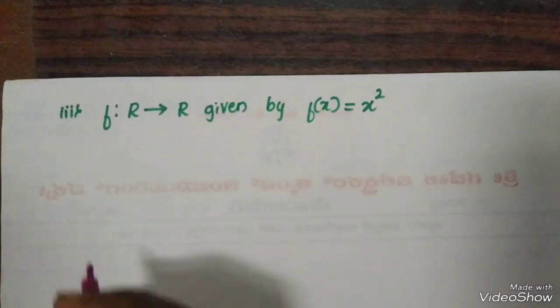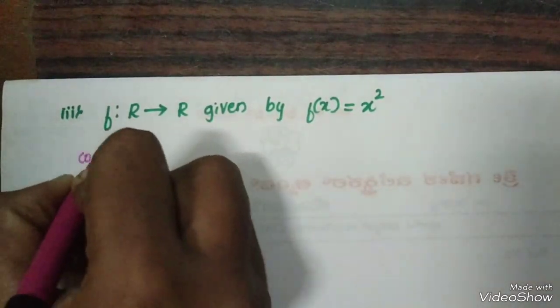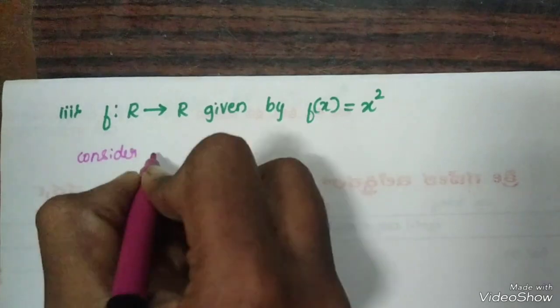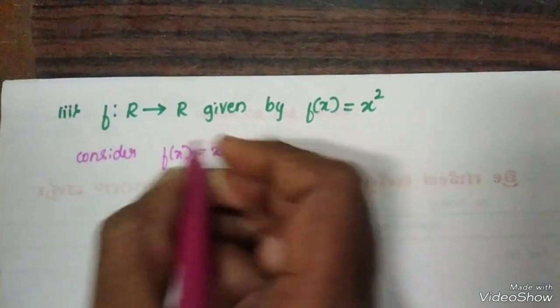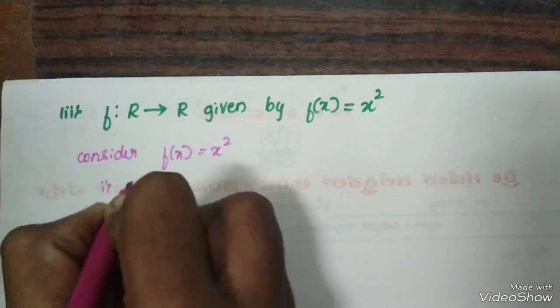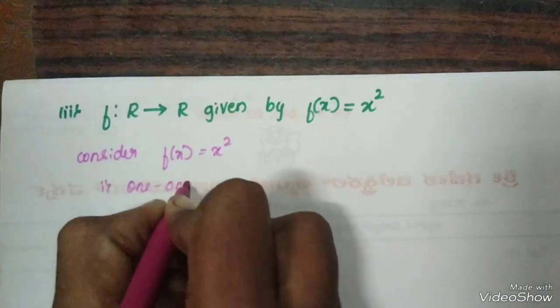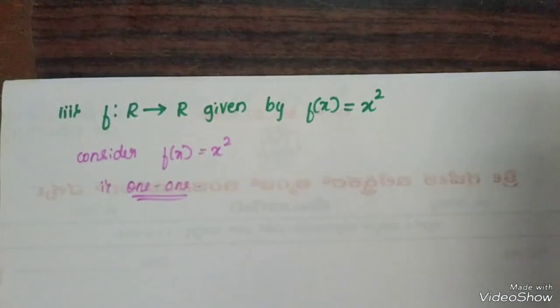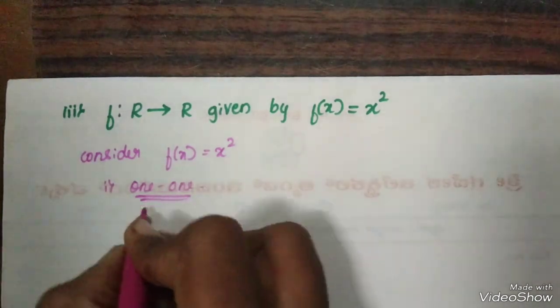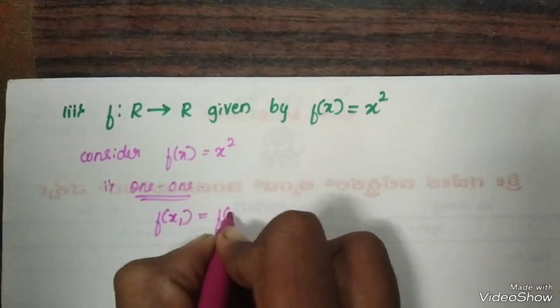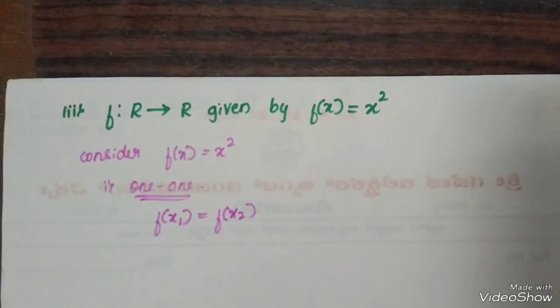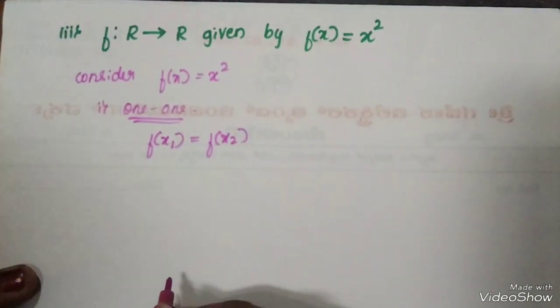Now, while checking this one, consider the function f of x equals x square. Now, check the one-one condition. Let f of x1 equal f of x2.